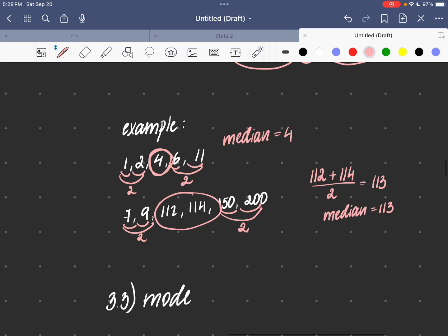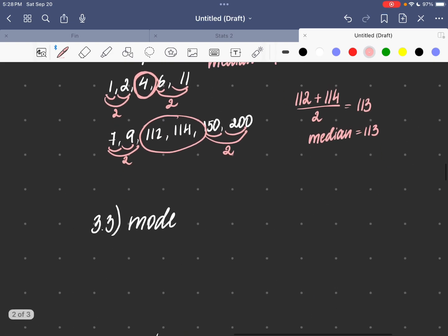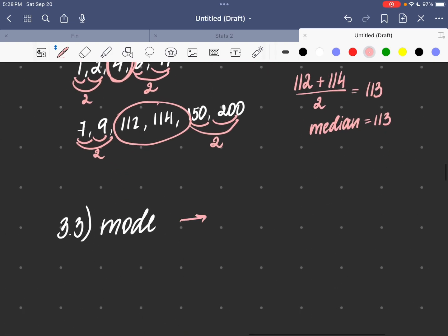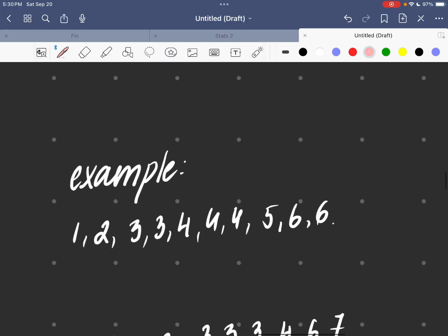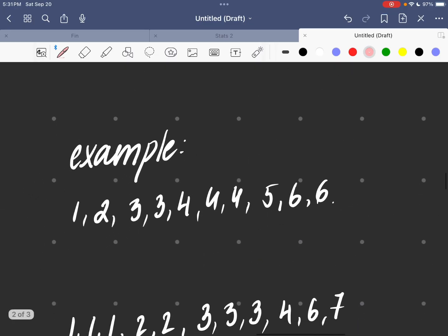Okay, now we're going to go to mode. Mode is just the most common value. So, let me illustrate it by example. So here we have our example of the mode. So let's count how many ones we have.